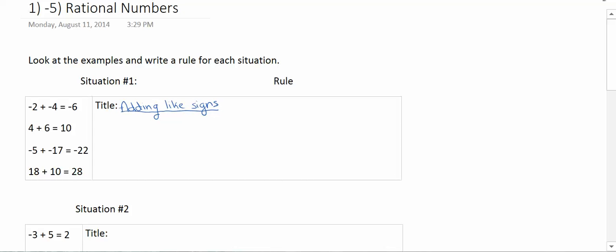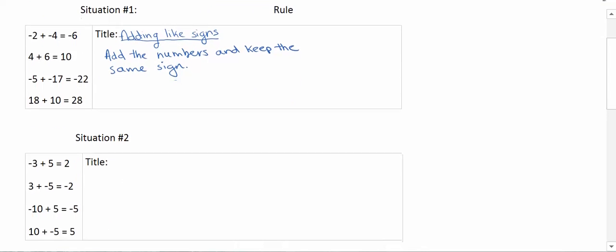And if we were to create a rule for this, hopefully you can see that: add the numbers and keep the same sign.